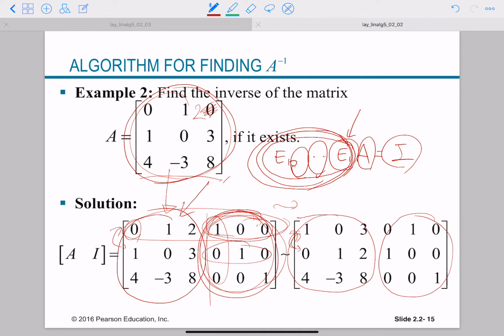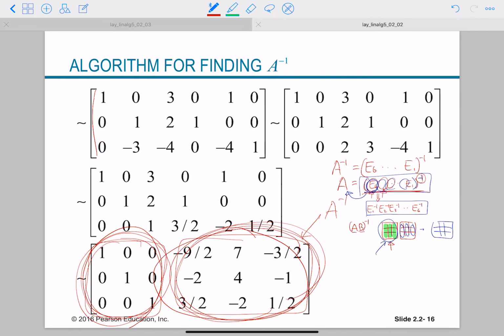We actually put the identity matrix and then do the row reduction on this big augmented matrix, okay? And then naturally this part will be just your inverse matrix.